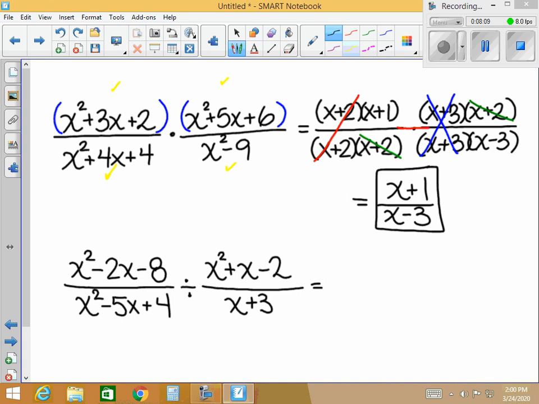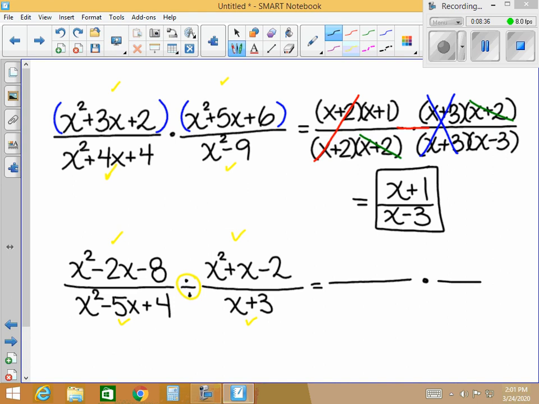Now, first thing, well, there's two first steps. You can do them in either order, and many of you can do them all and absorb them all in one step. Okay? All four of these polynomials need factored if possible. Of course, x plus 3, nothing to break down there, so I'm done with that. Three things need factored. Also, because this says divided by instead of times, the second fraction gets flipped upside down.